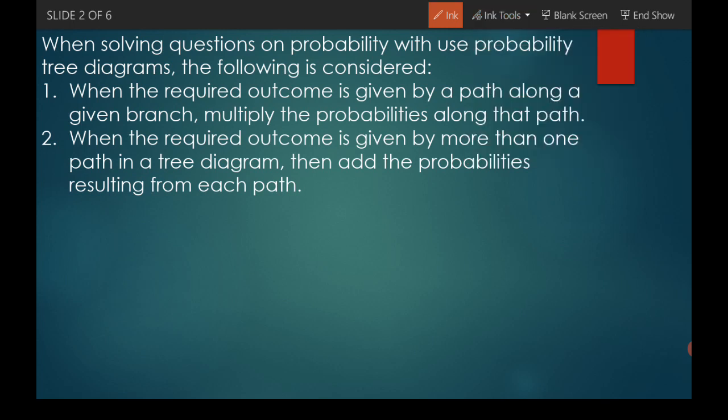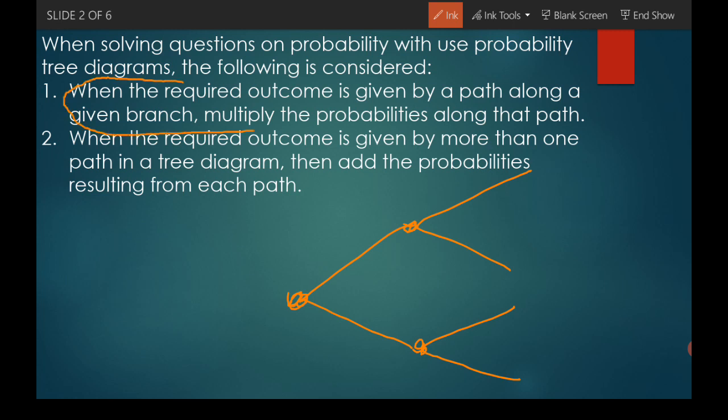For example, in case we have a branch like this, then from this point also have another branch, and from this point also have another branch, like that. When the probability of something is got from a given path, we always multiply the probabilities.